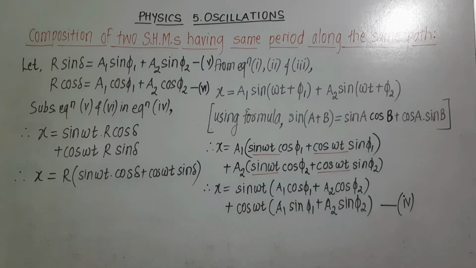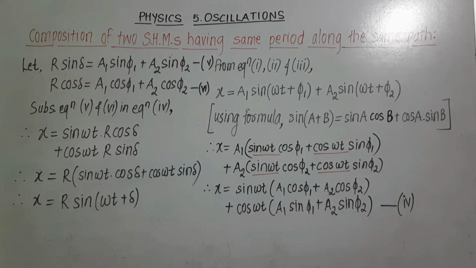So we can write x = R sin(ωt + δ). This equation shows that the combination of two linear SHMs of the same period and occurring along the same path is also an SHM.